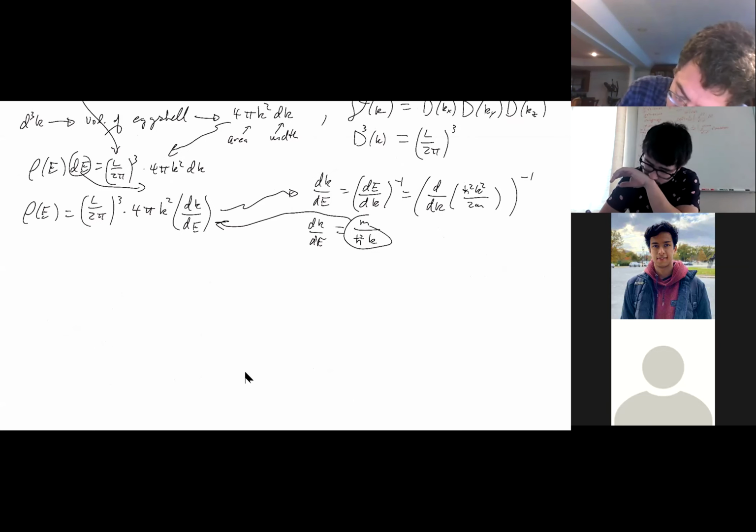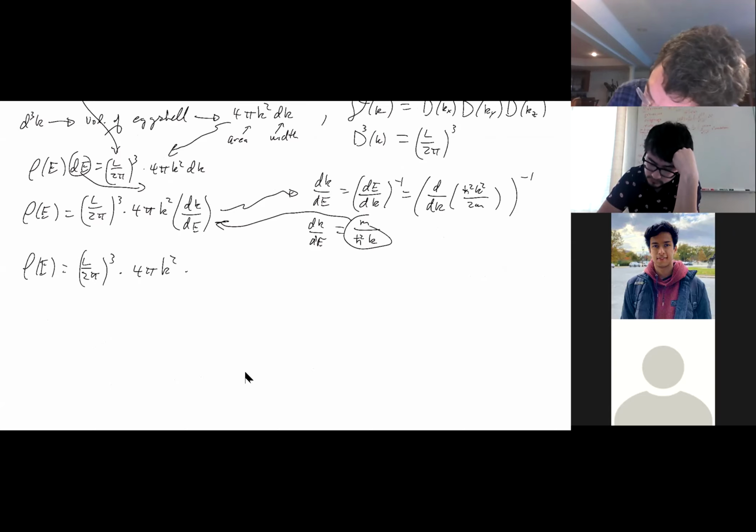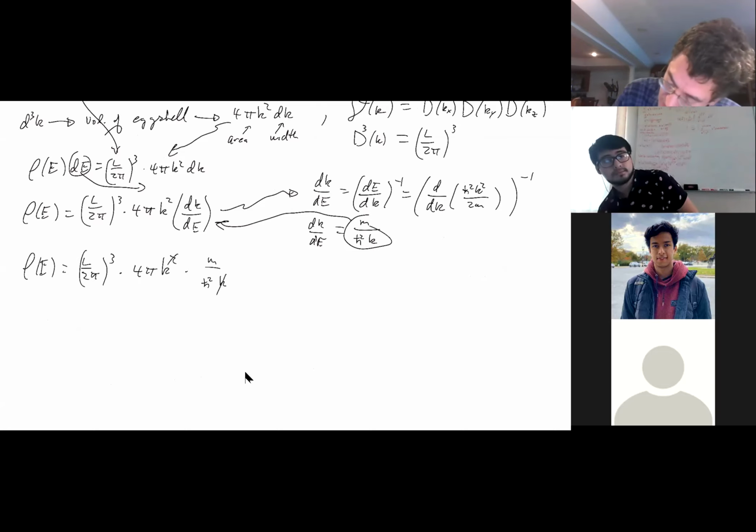And then we have rho of E is equal to L over 2 pi cubed times 4 pi k squared times m over h bar squared k. And so this k cancels, and some 4 pi's cancel.